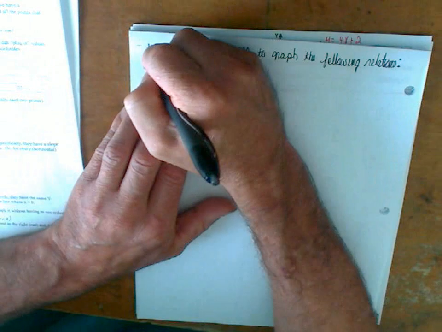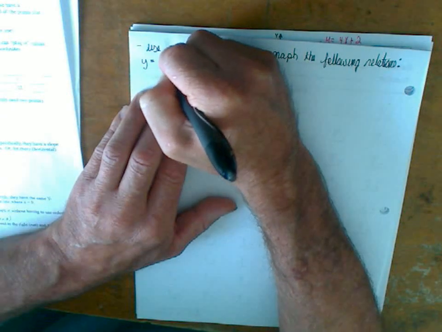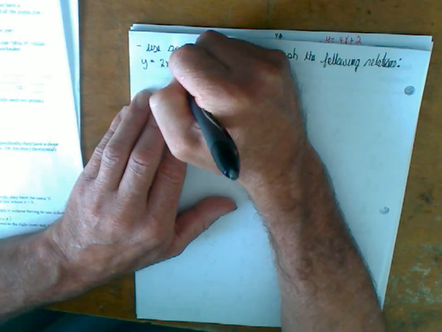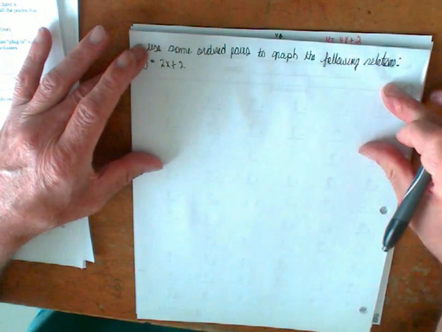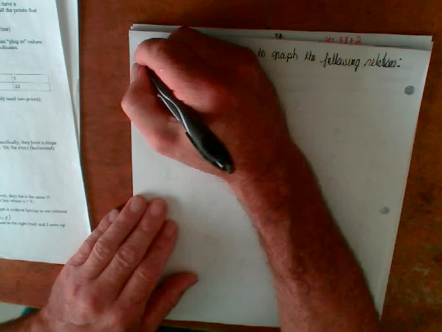Okay, so y equals 2x plus 2. And I'm going to put a table here. So that's the first one.